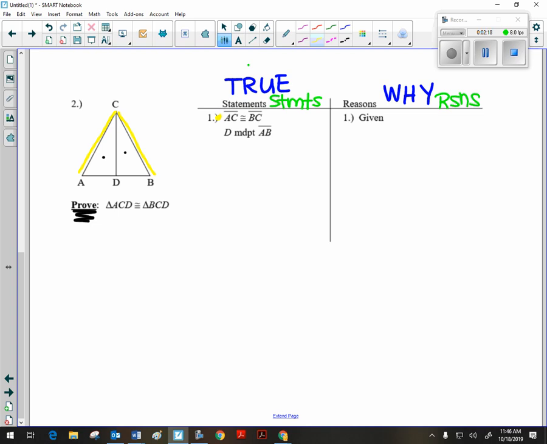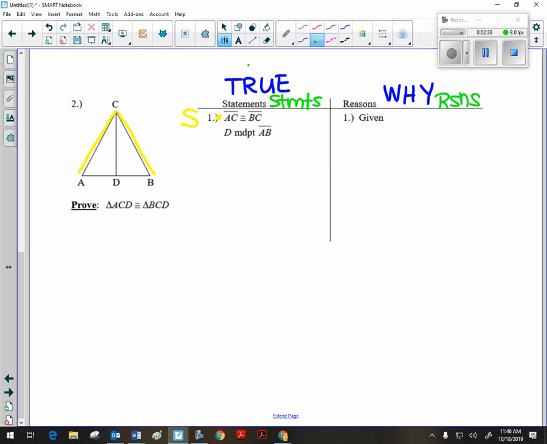And what I do notice about the yellow line segments that I just colored, the yellow sides of the triangles, is that I can tell I have a side in one triangle congruent to a side in the other triangle. So in my goal of making triangles congruent, I'm off to a very good start.